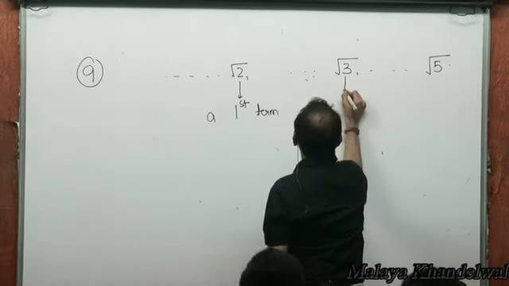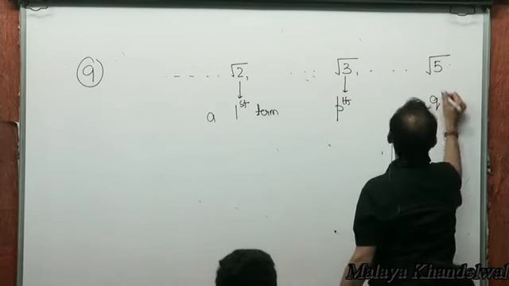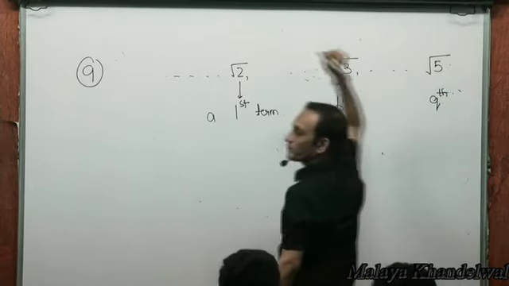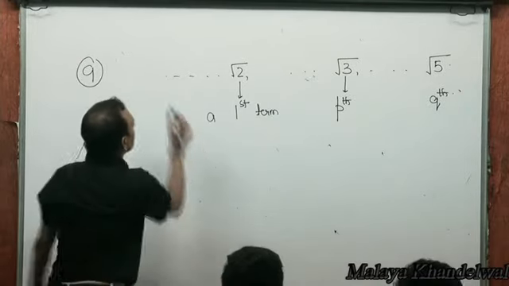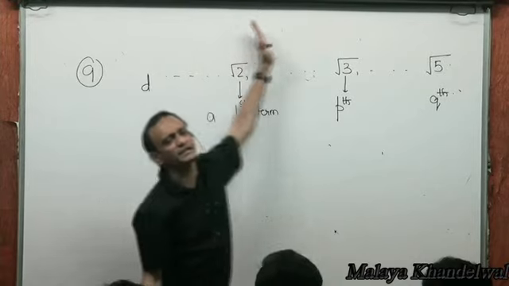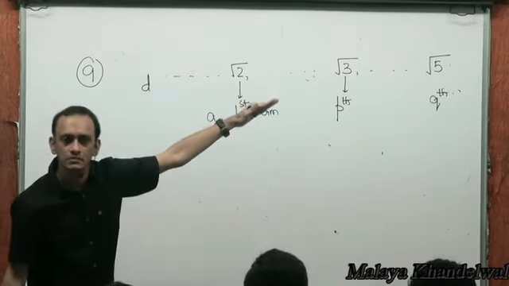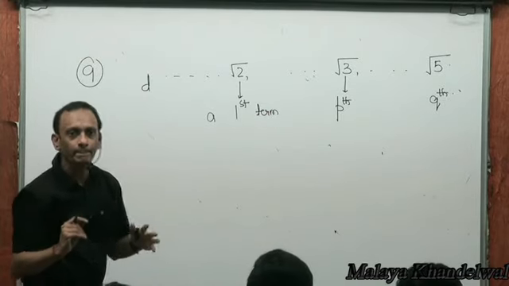Subsequently, this becomes some pth term, and this becomes some qth term of the AP with common difference d, isn't it? You could start looking at the AP from any term onwards, right? There is no loss of generality when you do that. You know what I'm saying?